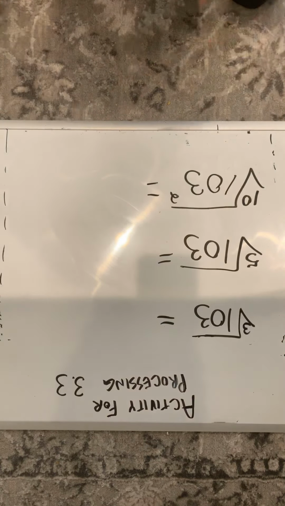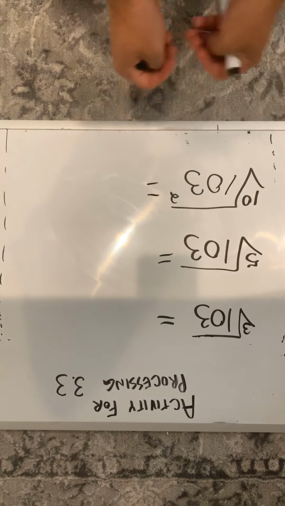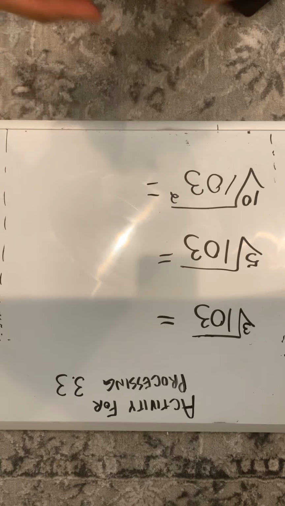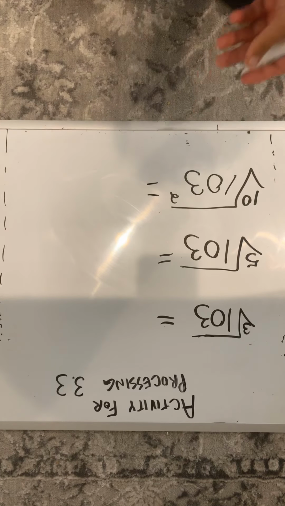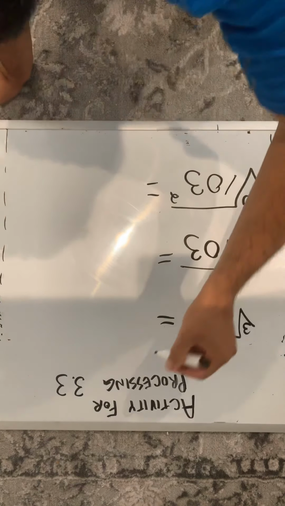Okay, so this is your opportunity to pause the video, try to work these out on your own to put them from radical form into exponent form. But I'm going to go ahead and do this. I'm going to assume you're pausing. Then when you come back, you should be getting these answers.